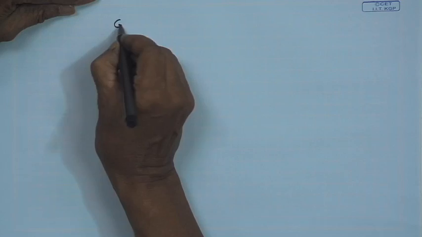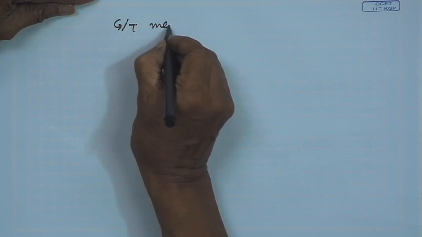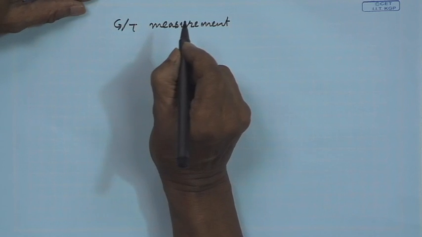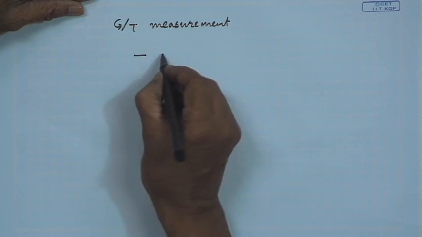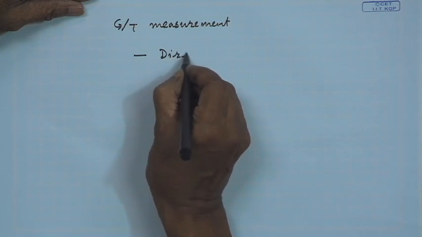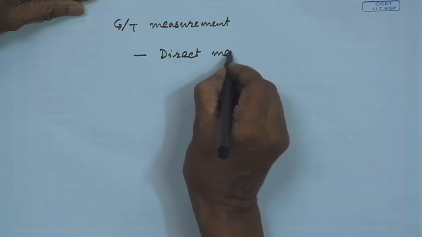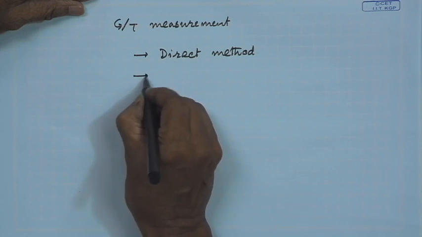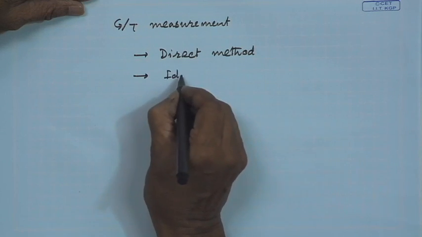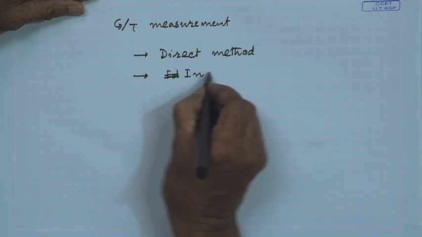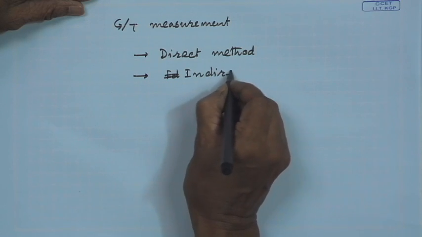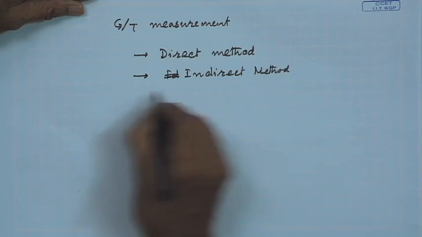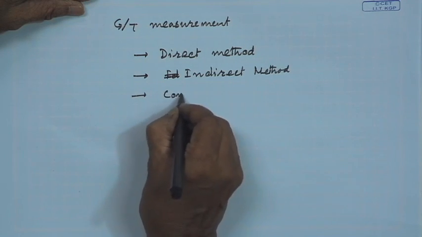Now, G by T measurement can be done in various ways. One is the direct method, one is the indirect method, sorry, and another is called the comparison method.